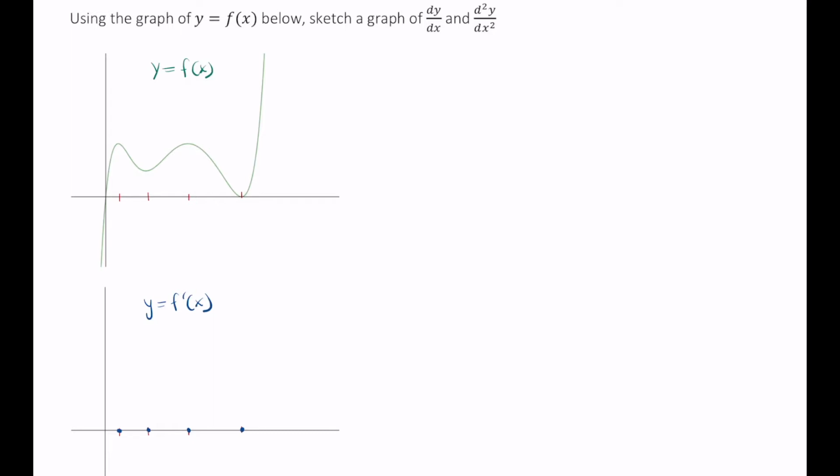Now it suffices to figure out how positive these lines should be. This looks pretty steep to me. In fact, this looks pretty close to some very large numbers, almost close to a vertical line. So I'm going to ensure my graph of the first derivative comes down fairly steep.